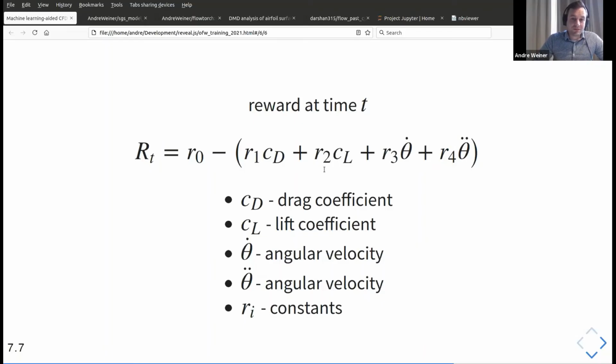I have to say, we took the constants from other articles that actually had a different mechanism of actuation and also used different kinds of sensor information. Most of the other articles use pressure values from the wake of the cylinder. And for example, in terms of actuation, they use small liquid jets on the surface of the cylinder or also rotation.